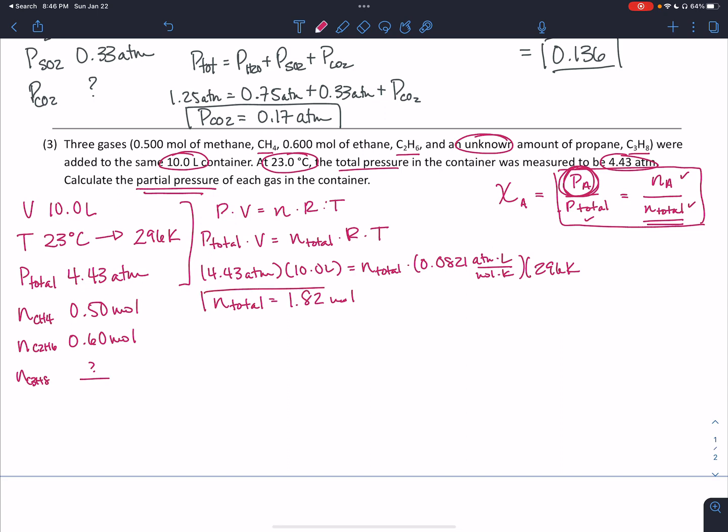So that's total moles. And if we look back up here at our formula, that's going to get us this total moles down on the bottom, and I have 2 of my 3 partial moles.